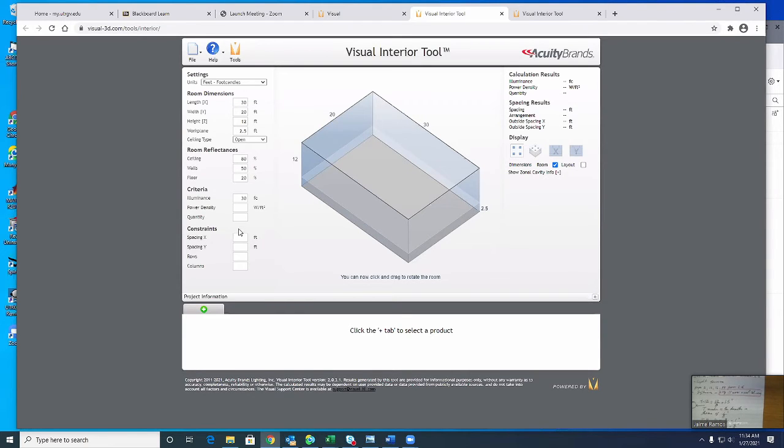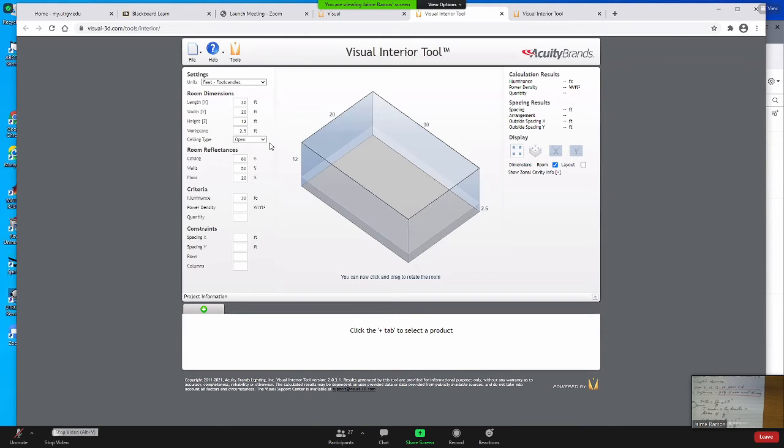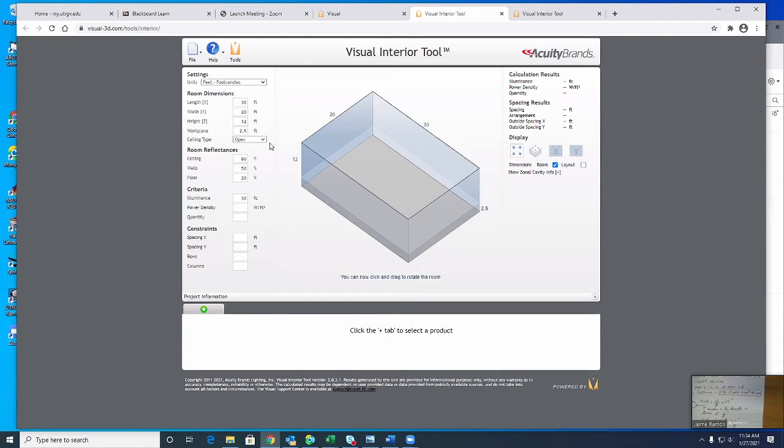The ceiling type, okay, it says open. Then the room reflectances. Now, in these designs, the color of the walls is important, okay? So that's why we have those reflectances.